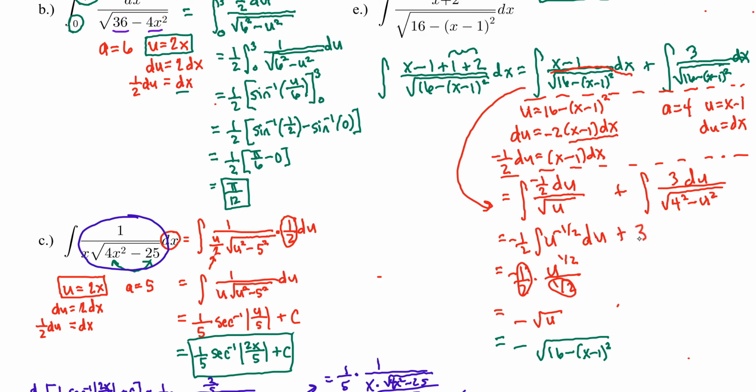That is our inverse sine function. So we're going to have inverse sine of u divided by a, and now we can get our plus c ready. We can go ahead and replace that u with its original function in x to get 3 inverse sine of x minus 1 over 4 plus c.